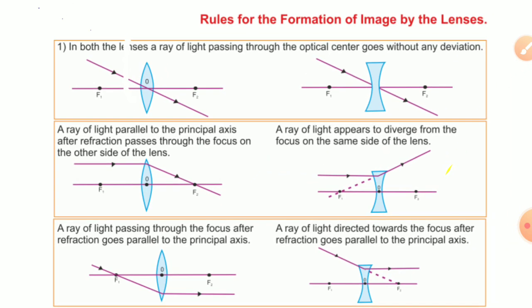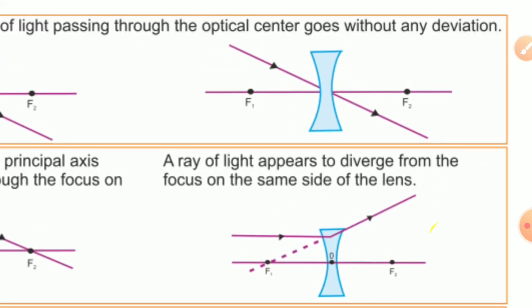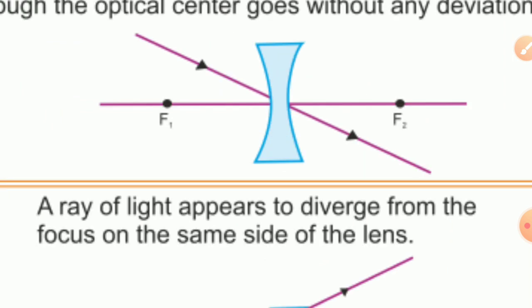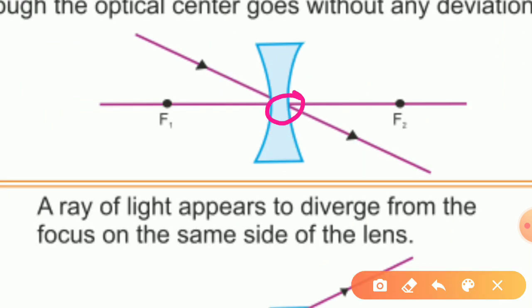Now come to the concave lens. A ray of light passing through the optical center goes straight without any deviation.